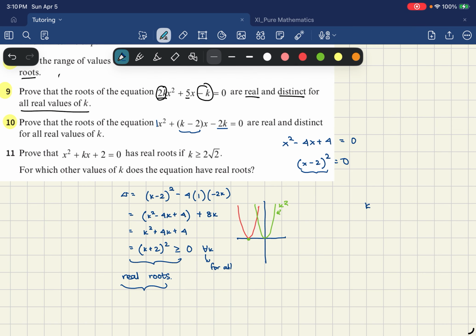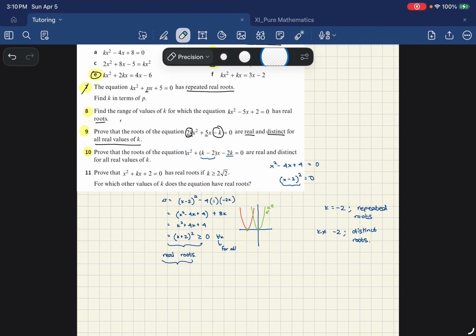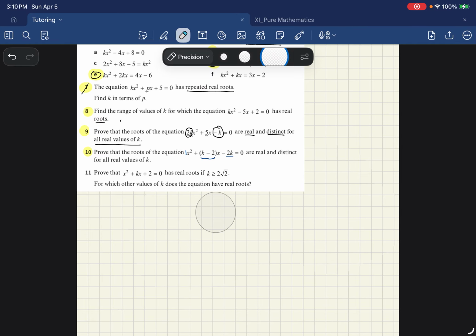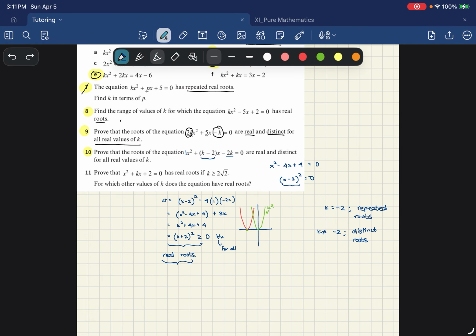So if k is equal to negative 2, we have repeated roots for 10. If k does not equal negative 2, any other real number, we have distinct roots. All right. And finally, we can move on to question 11.